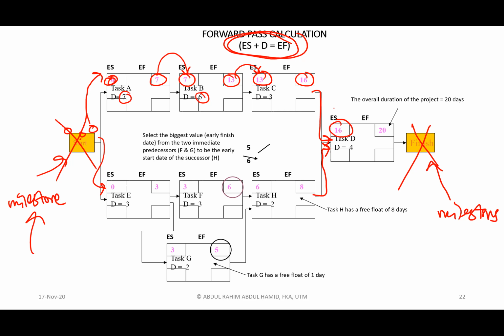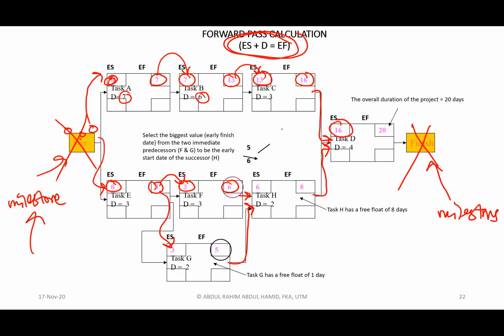Okay, never mind, we go into E first. E, we start with 0. 0 plus 3 equivalent to 3. And you notice 3 will be here, and 3 will also be here because there are two arrows going in. So for F, 3 plus 3 equivalent to 6. And then for G, 3 plus 2 equivalent to 5. You notice that there are two arrows going into a box. Meaning to say, between F and G, which one is going to be used for H?